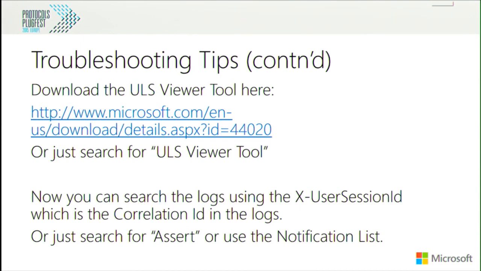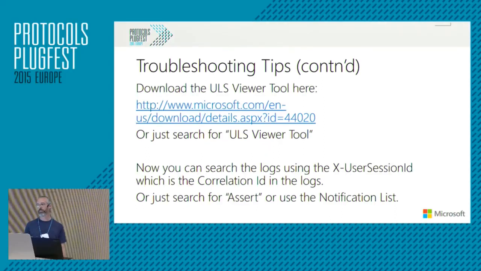Even though the ULS logs are text and you can process them with an editor, the viewer tool allows you to search. So you can correlate that session ID with the correlation ID in the logs, and now you can look for problems that the web app server had when loading the file.